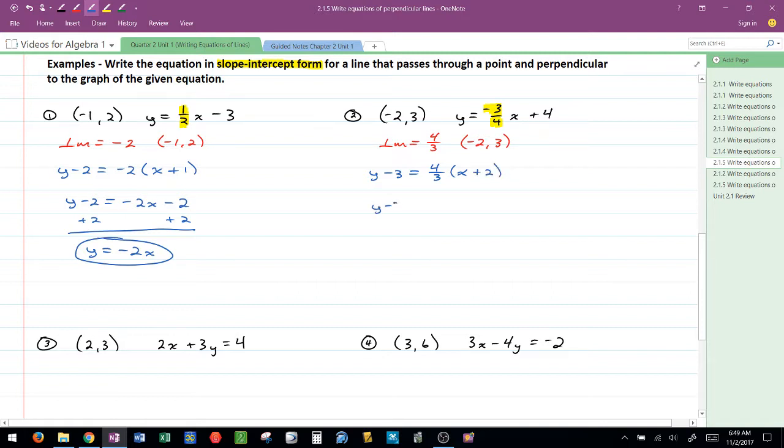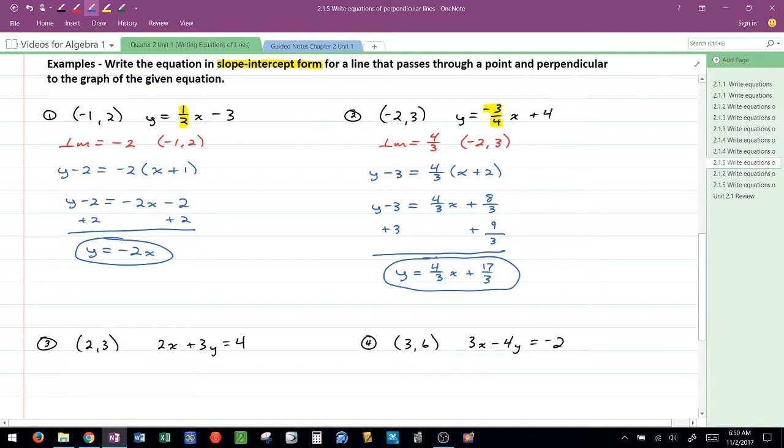Distribute: y minus 3 equals 4/3 x plus 4/3 times 2, which is 8/3. Add 3, which means I need to add some thirds. 3 is 9/3. That gives me y equals 4/3 x plus 17/3. There's the equation of the line in slope-intercept form.